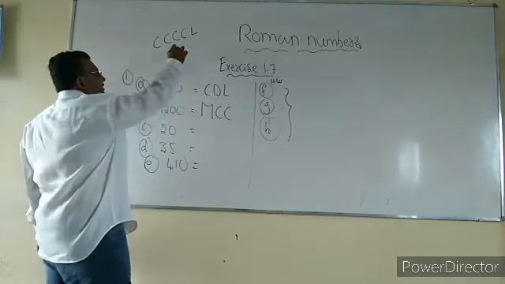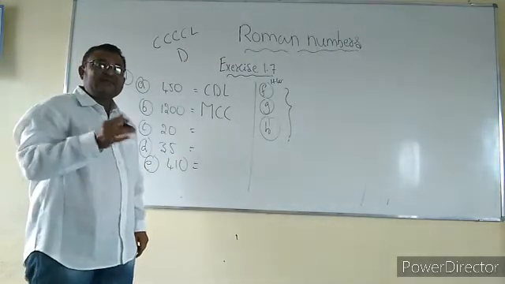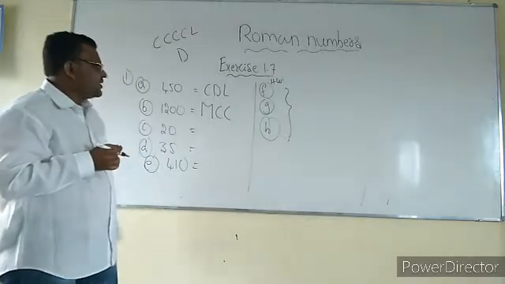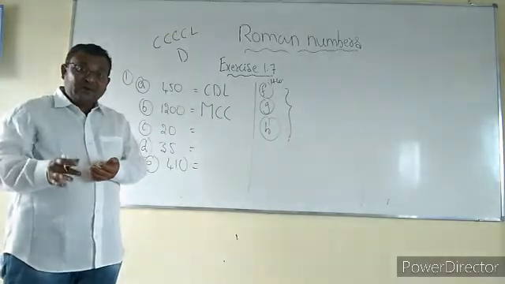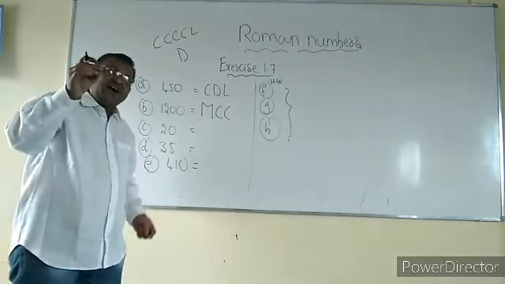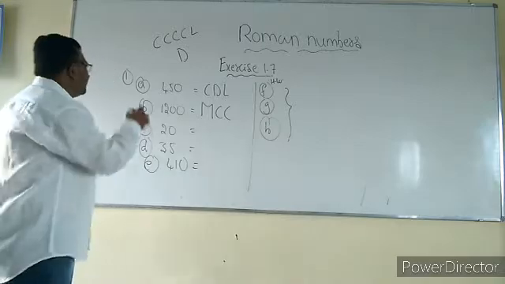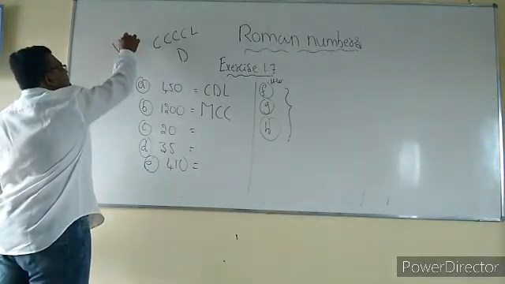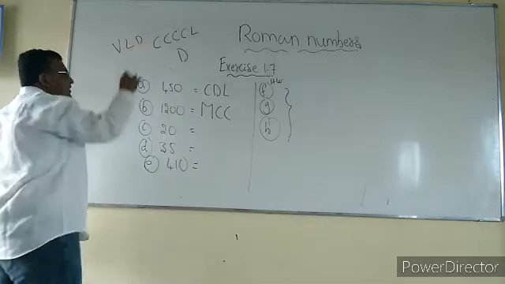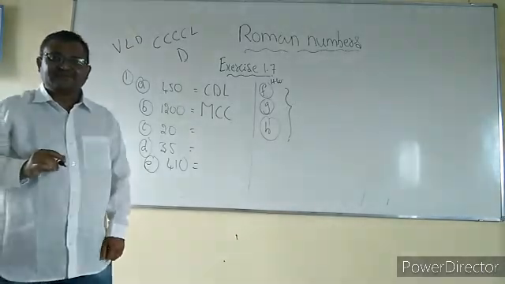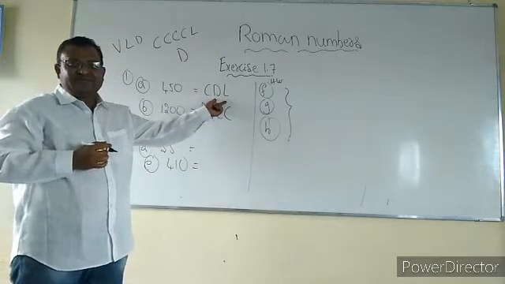from 500, subtract 50. And moreover, subtracting 50 is also not allowed by the rule. I told you that 5, 50 and 500 should not be subtracted. Then what we have to do? So write 500.